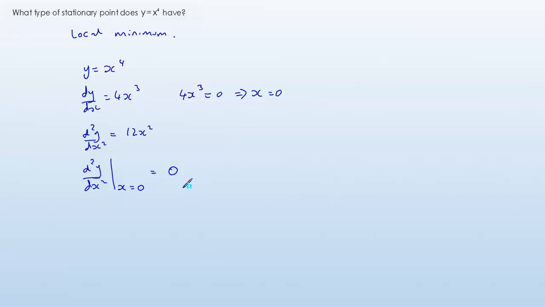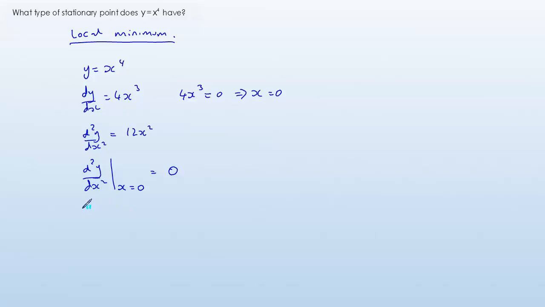So here's a situation where the second derivative is equal to 0, but we know that we have a local minimum. And that's why you can't rely on the second derivative for finding the nature of a horizontal point on the graph, a stationary point on the graph.